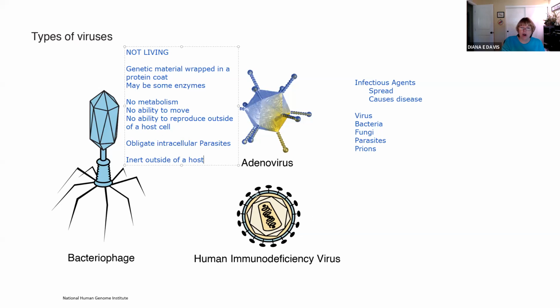So this is a cross-sectional drawing of HIV, human immunodeficiency virus. There's the genetic material inside. It's got a very complicated protein coat around the outside.